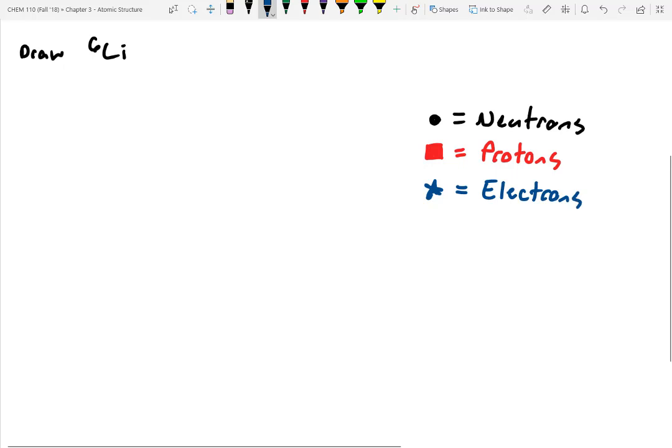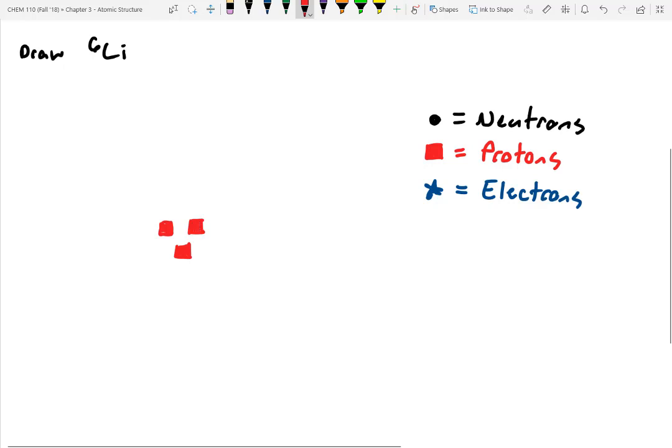All right, if we think about lithium-6, how many protons must it have? Not 6. If we look at the periodic table, lithium's atomic number is 3, therefore it has 3 protons, right? Okay, so I'll put some protons in here as red squares, and we've got 3 of them. So that looks good to me.